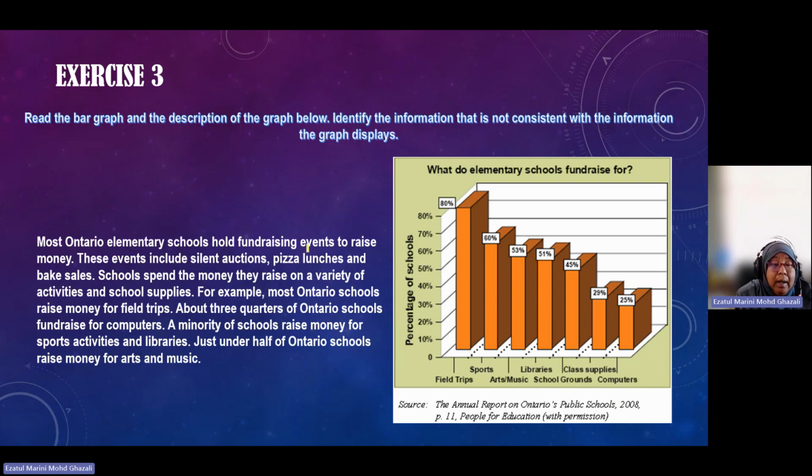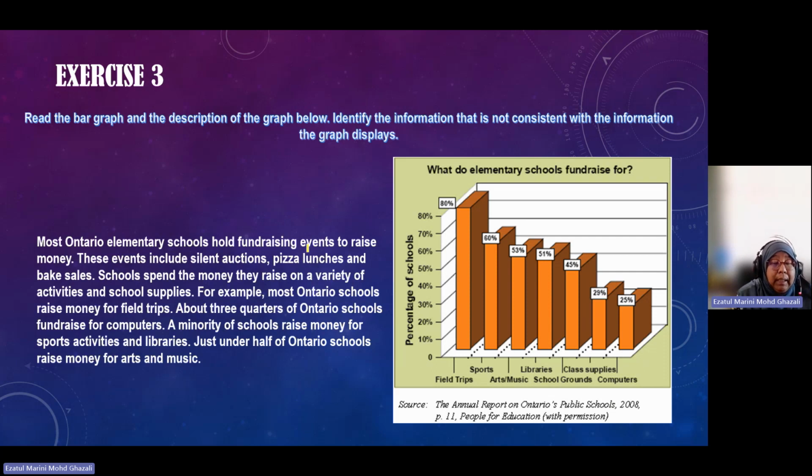And then just under half of Ontario schools raise money for arts and music. How much is spent on arts and music? 53%. Is it under or over half? Half is 50%, so it is over 50.